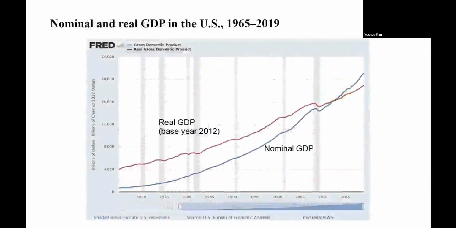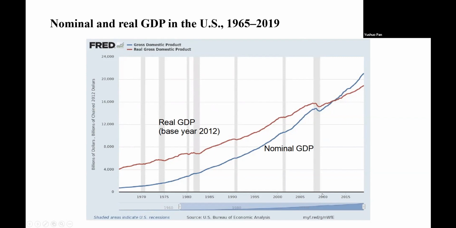This is the nominal and the real GDP in the US from 1965 to 2019. The red line is the real GDP. The base year is 2012, and the blue line is the nominal GDP. The shaded areas are the periods of recessions.